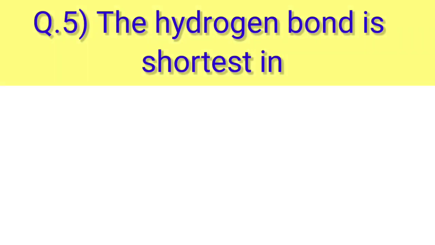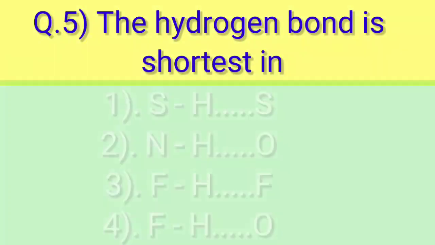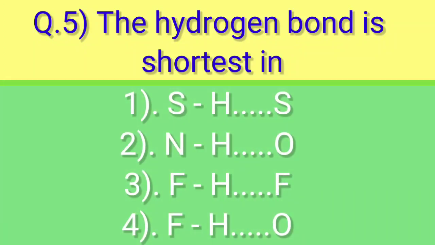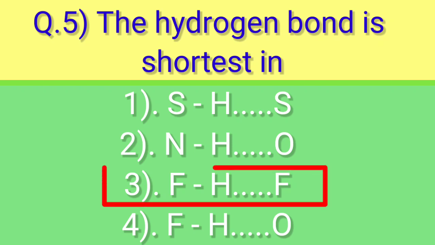The fifth question of the day: the hydrogen bond is shortest in. The 4 options are on the screen, and you have to think about this question. Very logical. The correct option is option number 3, between hydrogen and fluorine.